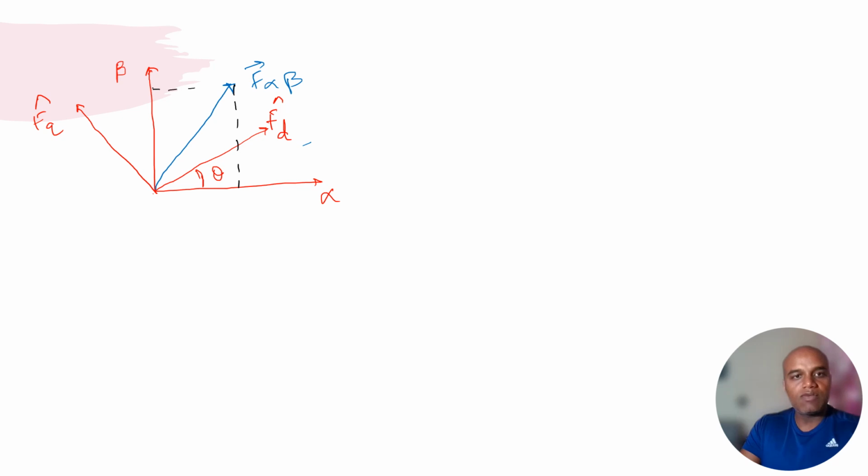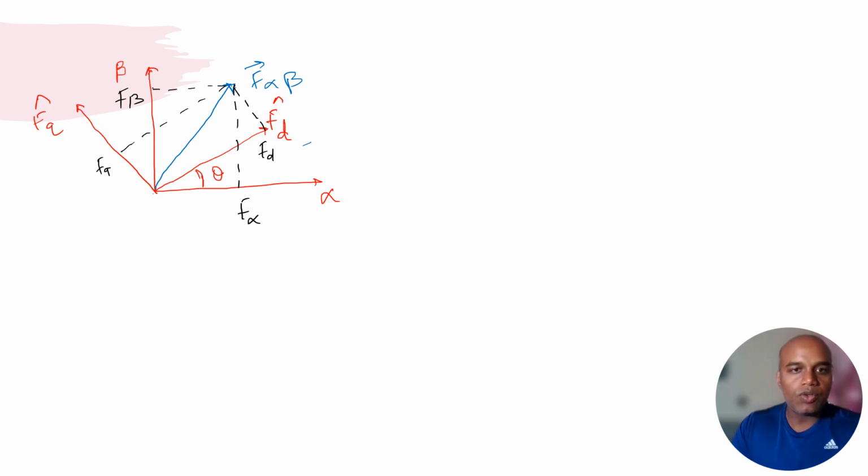So the projection of this vector will give me f of alpha and f of beta. Similarly, the projection of this vector on the unit vector of fd cap, and similarly the projection of this vector on my unit vector of fq, gives me fd and fq.